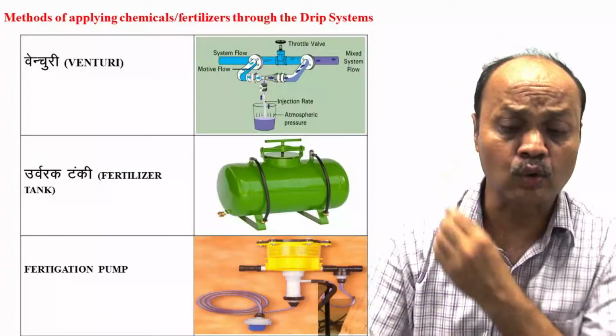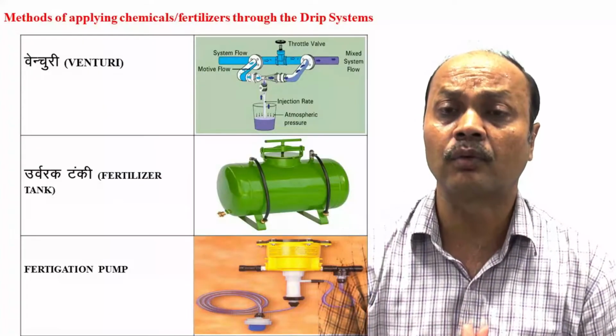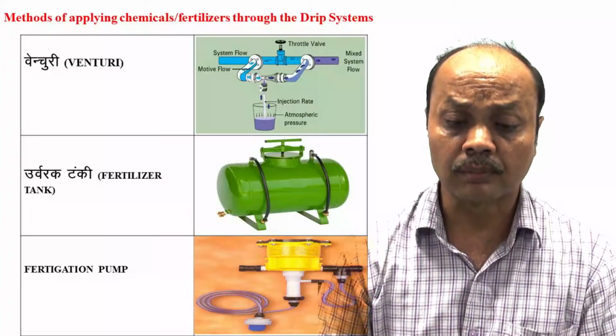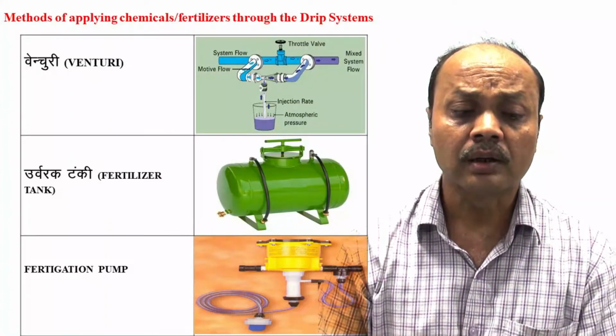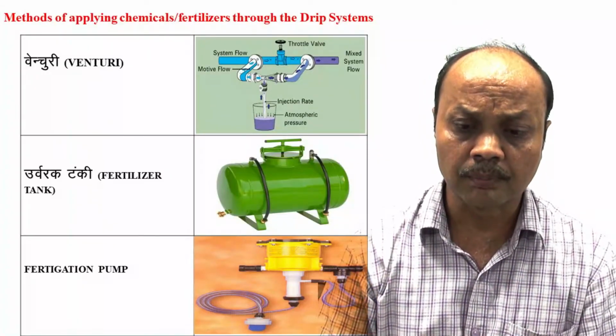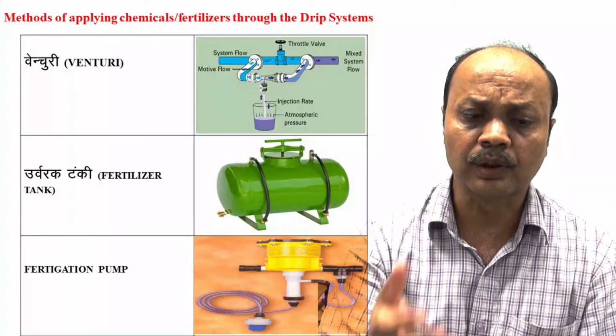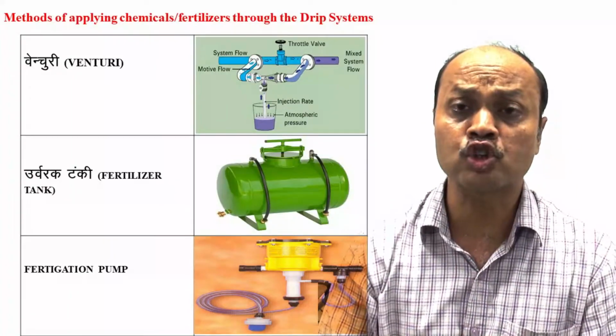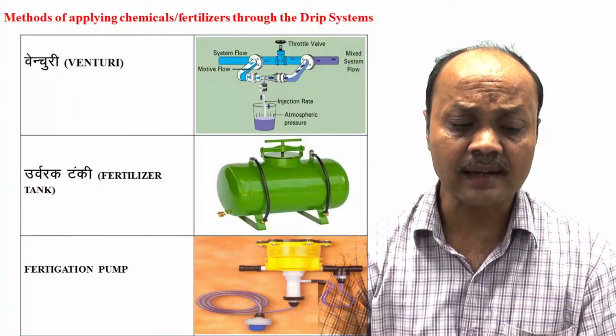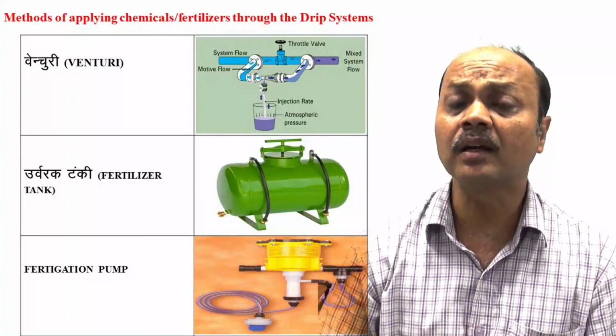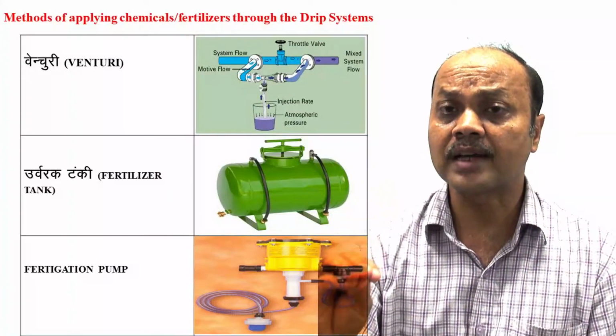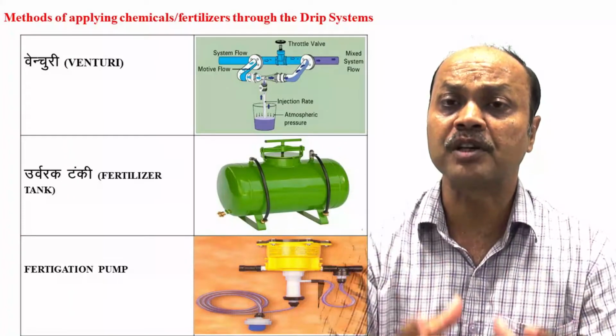As I told you, there are various methods for giving fertilizer to your plants. The most common are the Venturi, the fertilizer tank and the fertigation pump, to give the fertilizer to your plant through the drip irrigation system.